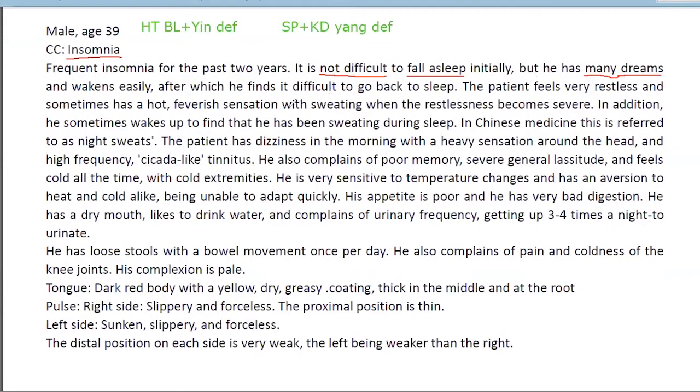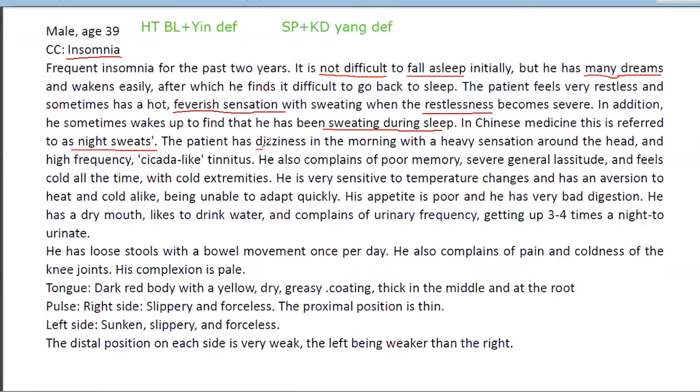So in the book, they especially put blood deficiency there. Let's see what's the yin deficiency sign here. Sweating during sleep, that's yin deficiency. Restless, that's heat. And the night sweating, that's yin deficiency.